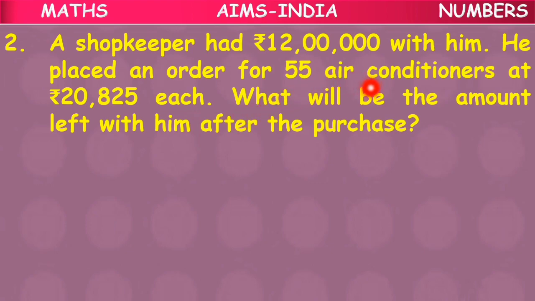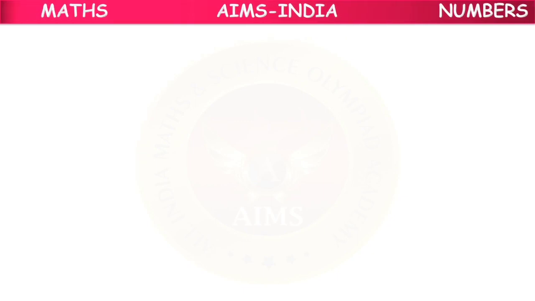Now after he pays for the amount, what will he be left with? Okay students, here we have to use multiplication and then we have to subtract. Yes, multiply and subtract.